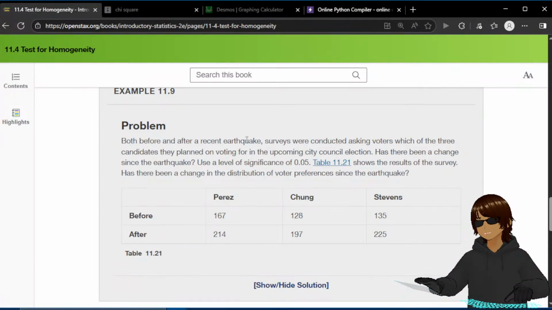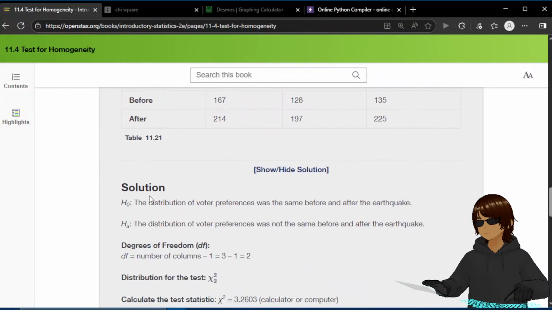Both before and after the earthquake, surveys were conducted asking voters which of the three candidates they planned on voting for in the upcoming city council election. Has there been a change since the earthquake? I mean, more people voted, but the distribution, right? The null is that the distribution of voter preferences was the same, and the alternative is that the distribution of voter preferences was not the same.